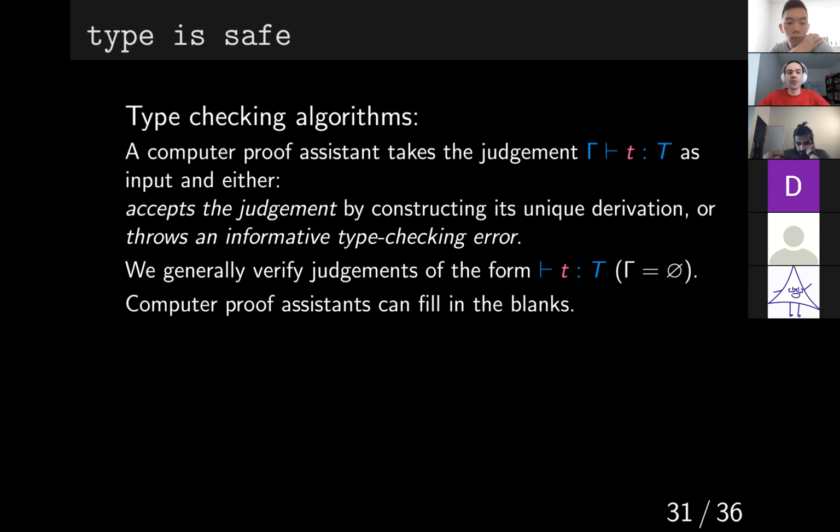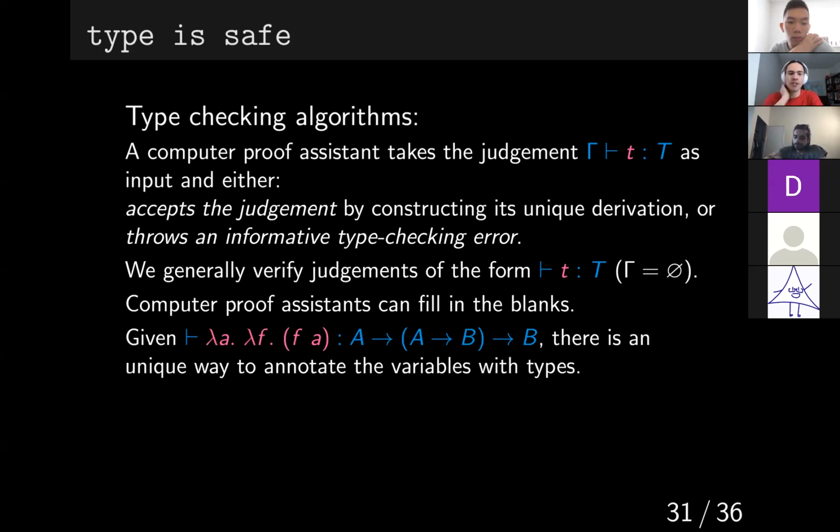And also, another really important thing about proof assistants is that they can often fill in the blanks. So for example, if we're given this judgment right here, where notice I've dropped the type descriptions off of the variables, it turns out that there's only one way to add type descriptions to make this judgment sensible. And a computer is actually able to work out what the type descriptions on A and F should be.